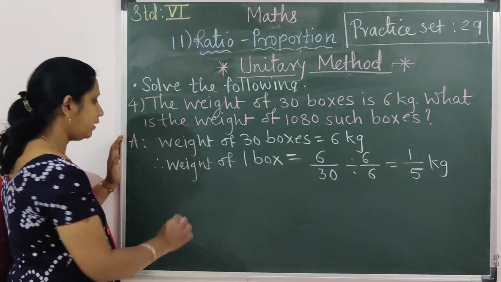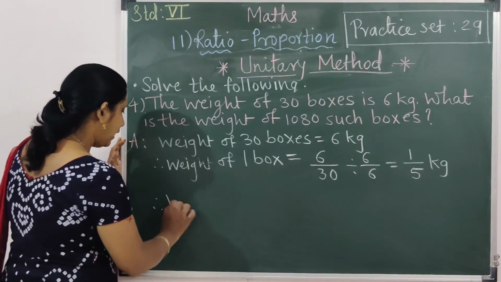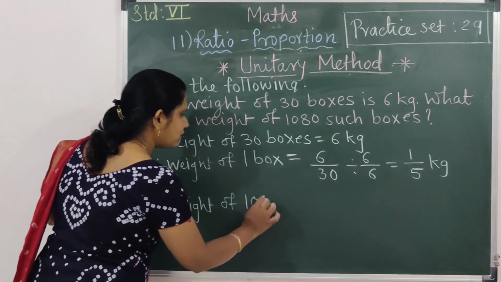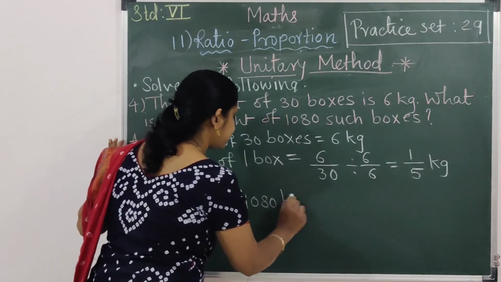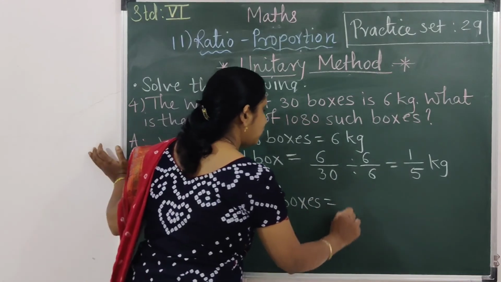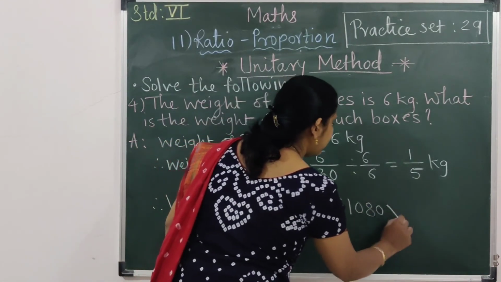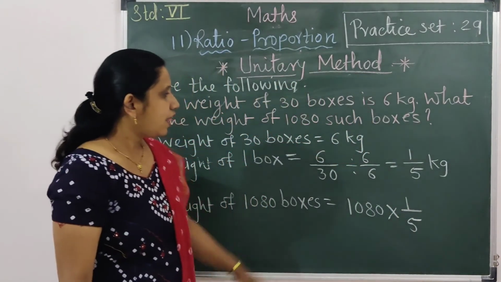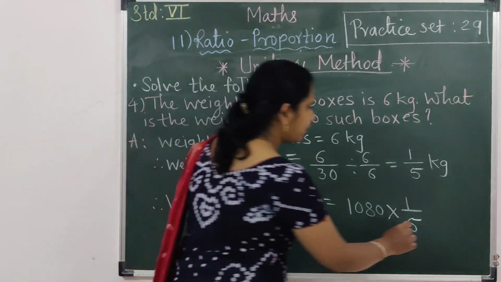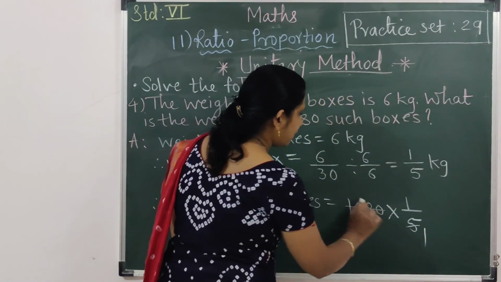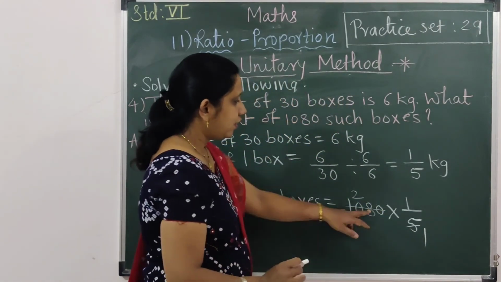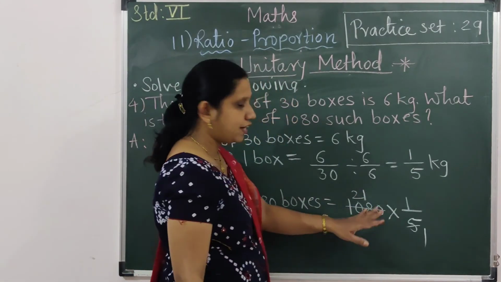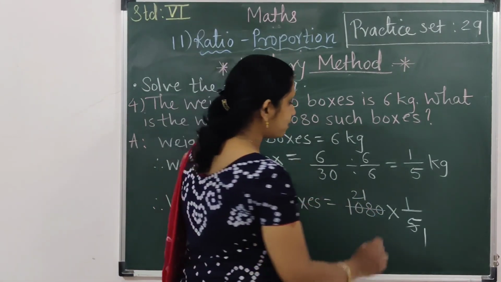Now we have to find out, therefore, weight of 1080 boxes is equals to 1080 multiplied by 1 upon 5. Alright? Now it's very simple to divide. 5 ones are 5. 5 twos are 10. 8 is bigger than 5, so 5 ones are 5. 8 minus 5, 3 remains, number becomes 30.